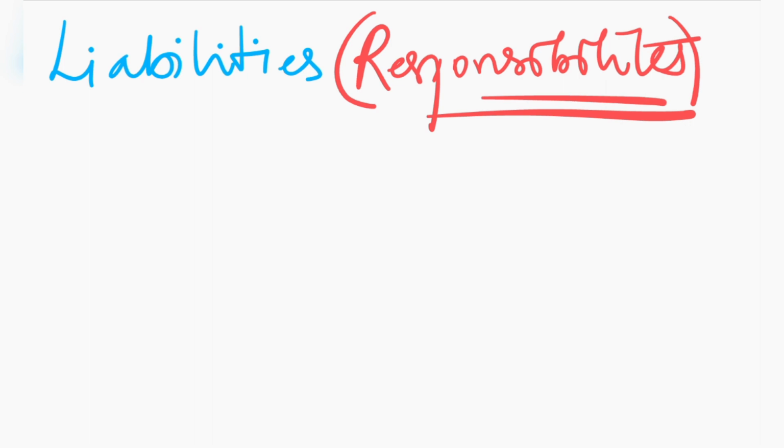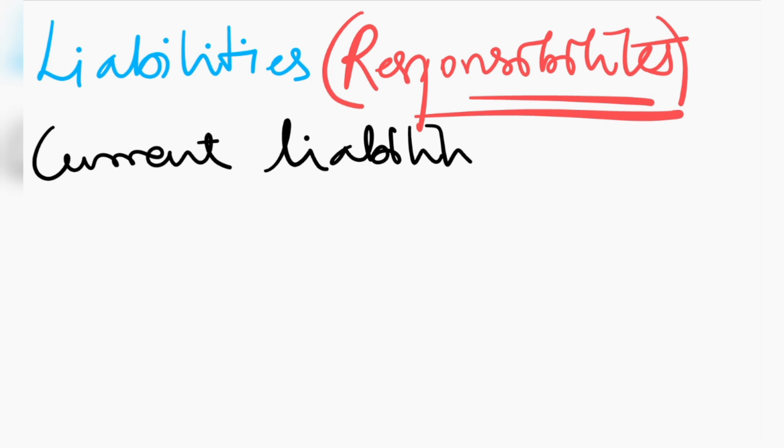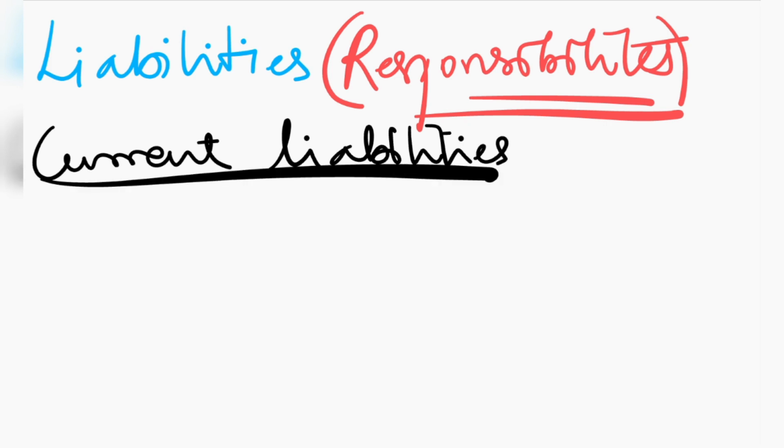Again, liabilities are of two types: current liabilities and non-current liabilities. First, let us understand current liabilities. Current liabilities are those responsibilities which can be settled within a year, that is, less than 1 year.